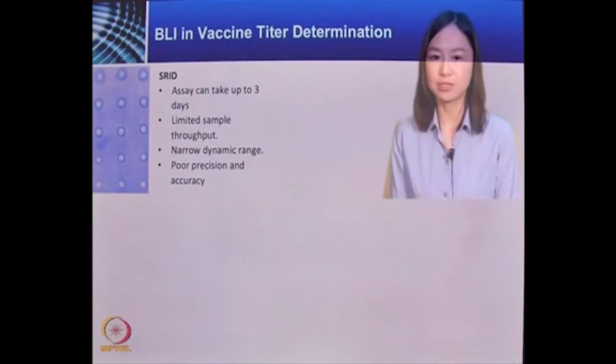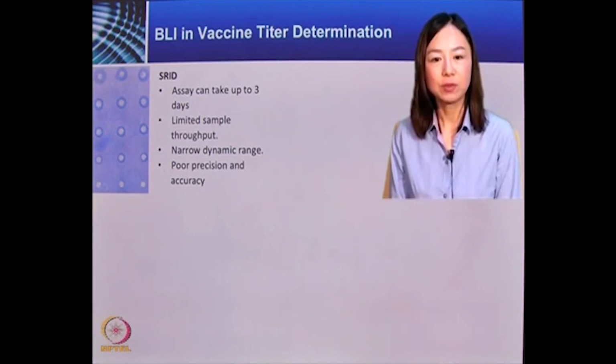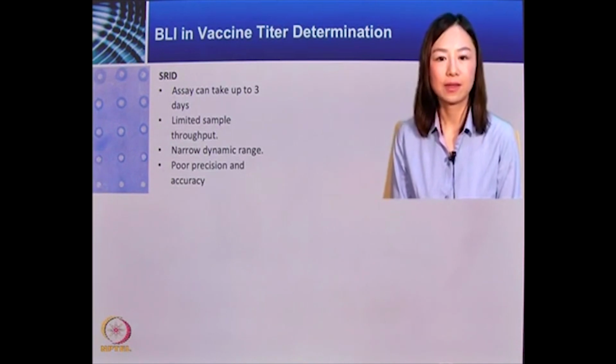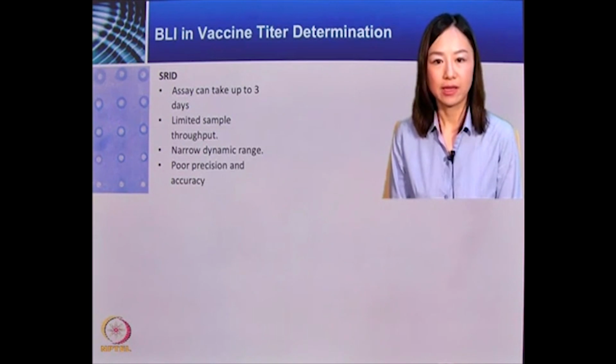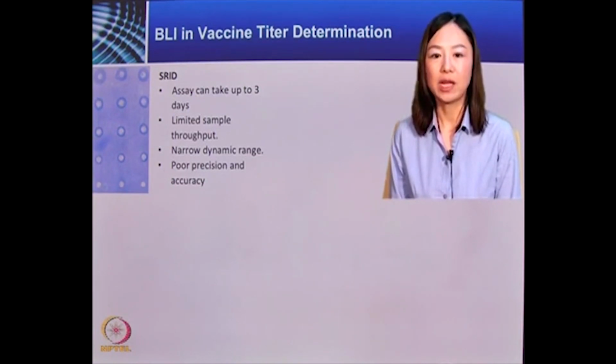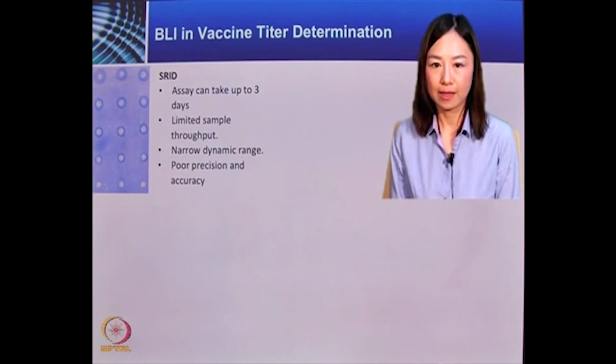Traditionally, in the vaccine industry, we rely on the SRID method to perform the quantitation of the vaccine virus titer. However, this method is very time consuming. It takes up to 3 days to analyze the virus titer. It also has very limited sample throughput, being only able to analyze maybe 15 or 16 samples at the same time.